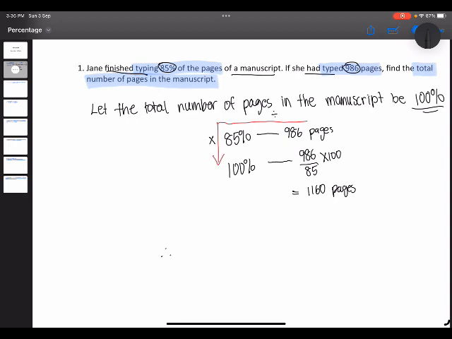So therefore, the total number of pages in the manuscript is equal to 1,160.